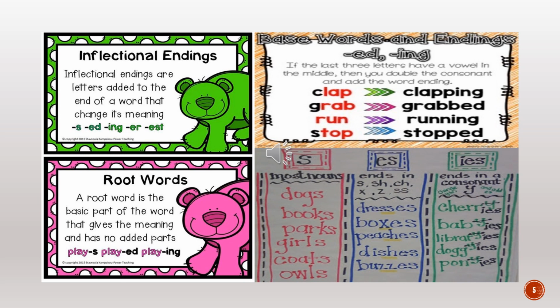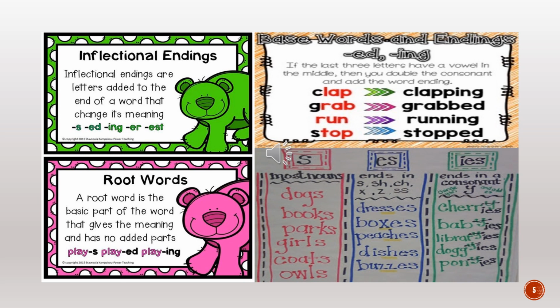Now, what is a root word? A root word is the basic part of the word that gives the meaning and has no added part. For example, play is a root word or a base word. Root words or base words.